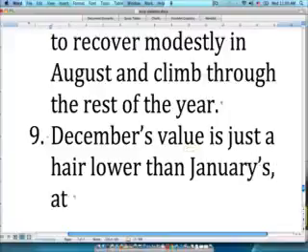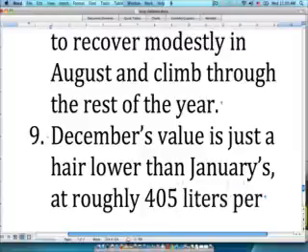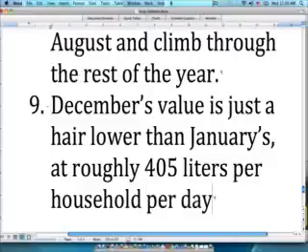And then comma, at roughly, and that looks about, I don't know, it's hard to say, I'd say about 405, maybe 405 liters per household per day. Okay, so December's value is just a hair lower than January's at roughly 405 liters per household per day. And that would conclude our task 1 response.